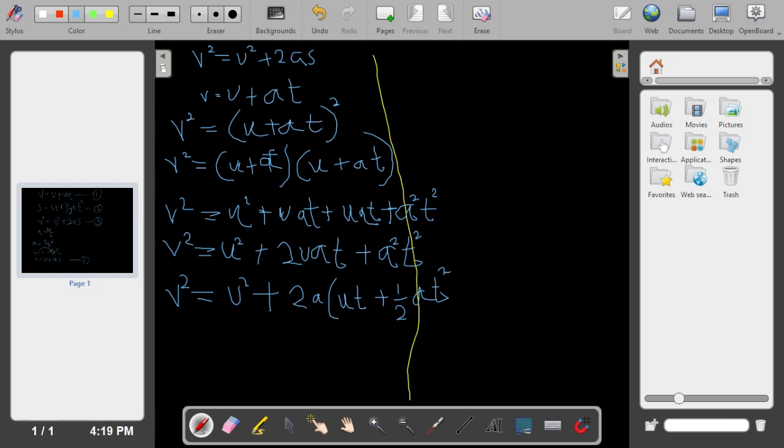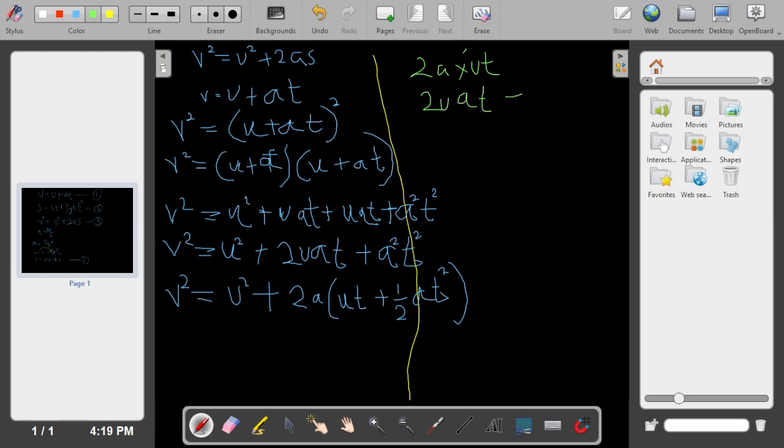Now this is the logic. If you look at that right hand side, you observe that if I multiply 2a by ut, it gives me exactly 2uat.